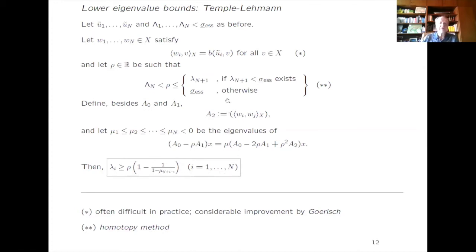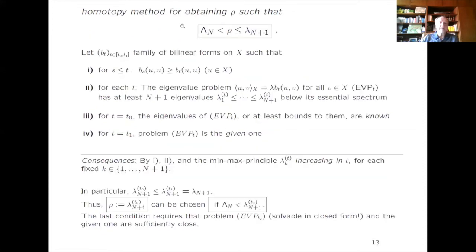So let me mention how to compute that rho. That's the crucial thing which remains after the other problem is solved by the Görisch approach. So this is the problem we need to talk about, how to calculate that rho. And here's the homotopy method for obtaining such a rho. Here again, I repeat what we need. That's the highest Rayleigh-Ritz upper bound, and that's the exact next eigenvalue, or the next spectral point, so to say.